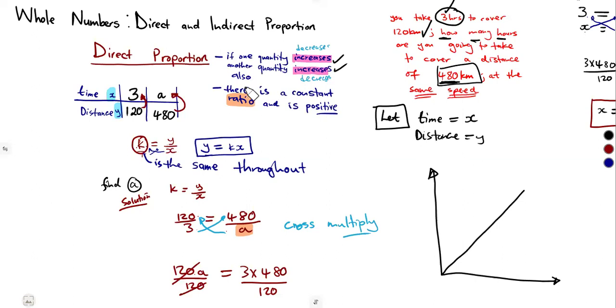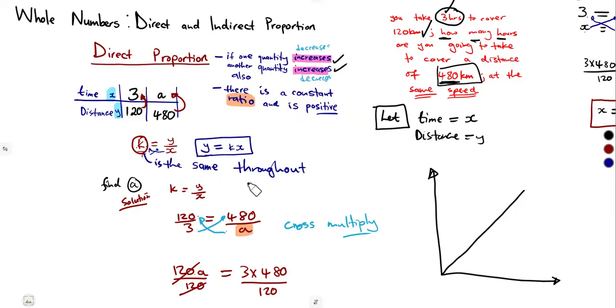One is increasing, another one is increasing at the same time. One is decreasing, another one is decreasing. So it is happening at the same time. And we have what we refer to as a constant ratio, which is the same throughout.